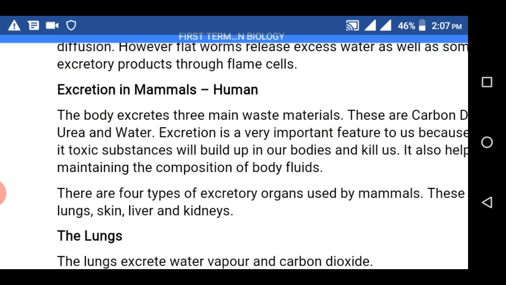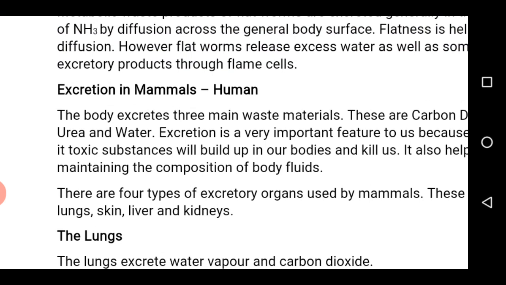Now, to continue, we are looking at excretion in mammals today. Don't forget that we have explained the mechanism of excretion in some organisms.